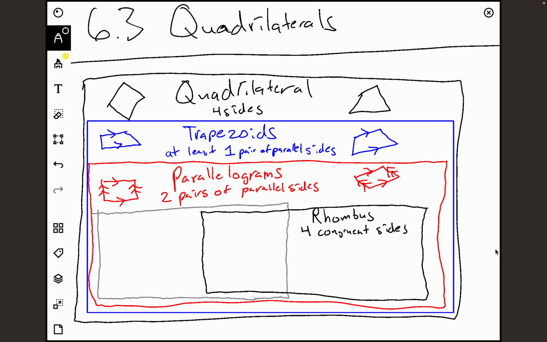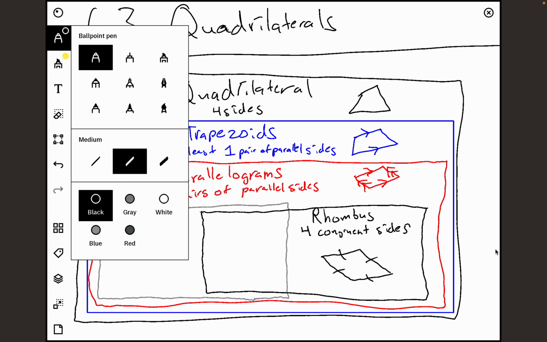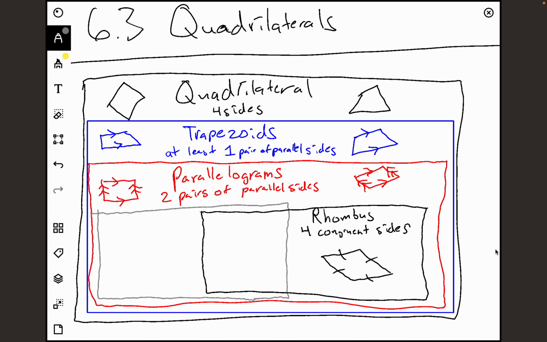Okay, it says four congruent sides. So this is what Adam was kind of describing, but something that kind of looks like this. Okay, I think that's what he was explaining. Now that's a rhombus. It has four congruent sides.